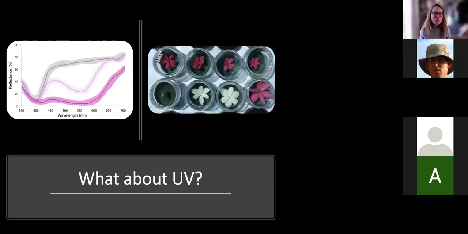However, we didn't really find any evidence for UV reflectance in the flowers. But what it did help us do is distinguish between the dark pink, light pink, and white flowers. So we could say that there are clear ways of quantifying the color intensity for our dark and our light flowers.